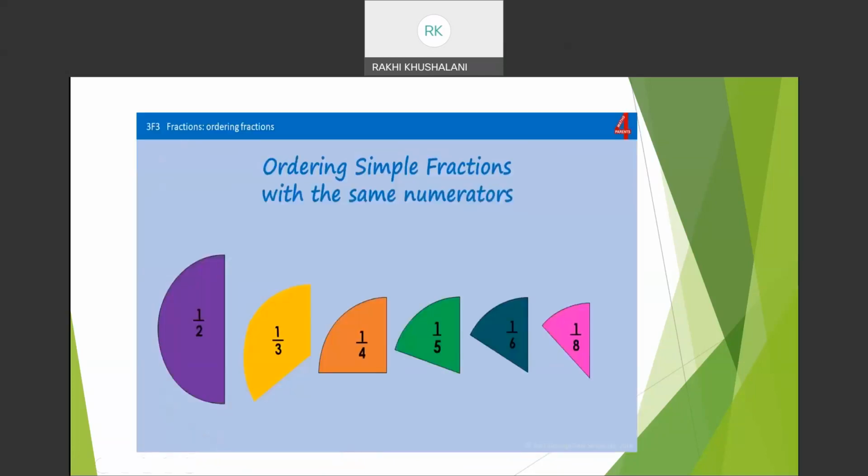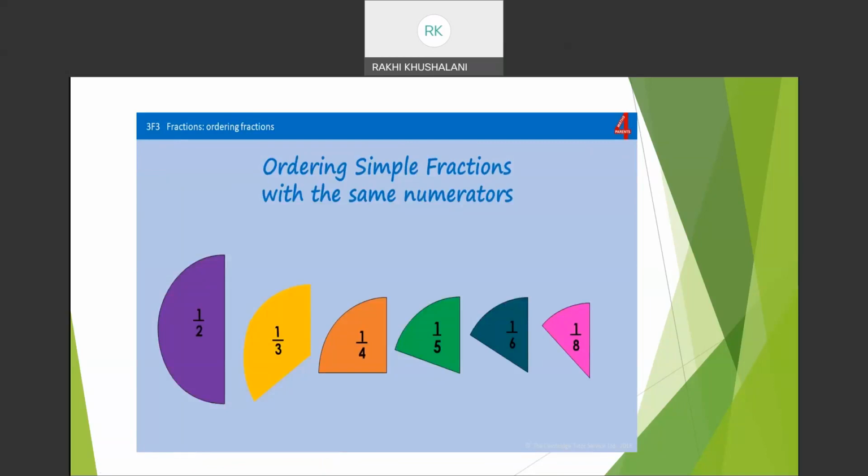Here it comes. All the numerators are same, but the denominators are different. But the denominator with 2 is definitely bigger because it's half. Obviously, 1 by 4 is smaller than 1 by 3. 1 by 3 is smaller than 1 by 2.